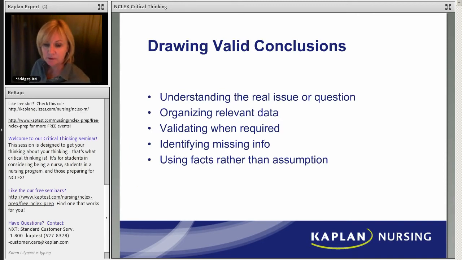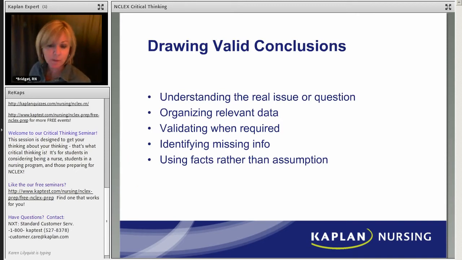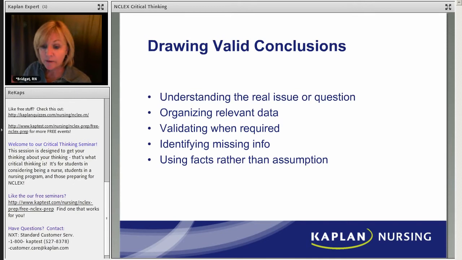All right. So this is what we do. We try to understand the topic. We organize the data. We validate anything that we're suspicious of. We're identifying missing information, and we use facts and don't make assumptions. Now, when it says assumptions there, there's another word for that.